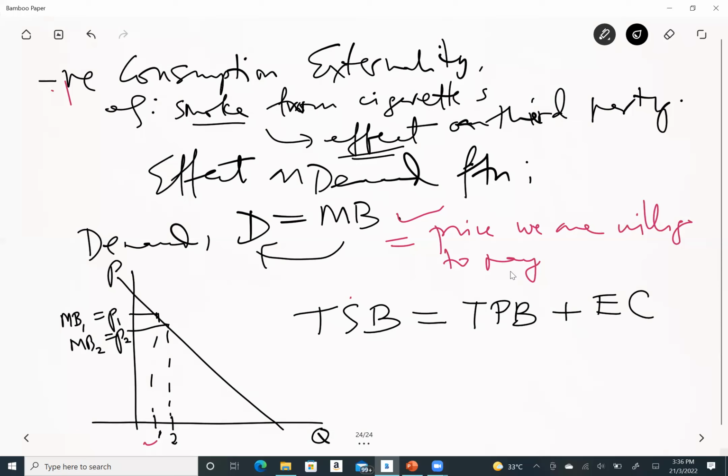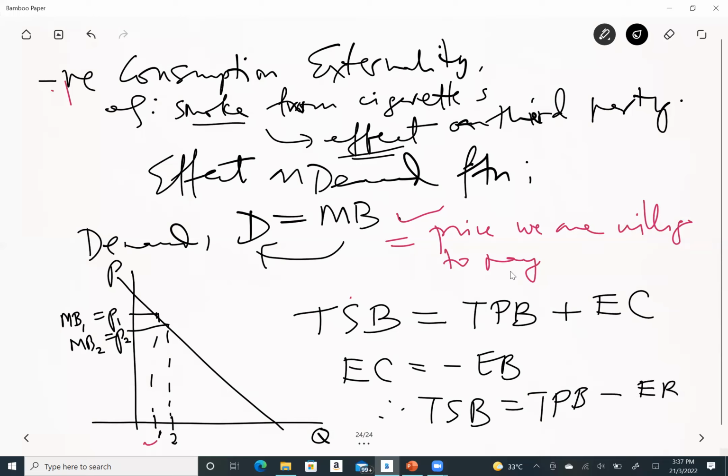Now, in terms of benefit, a positive external cost is equal to a negative external benefit. So now we want to do it in benefit terms. There will be a negative external benefit for the cost. So therefore, our total social benefit will be equal to the total personal or private benefit minus external benefit.